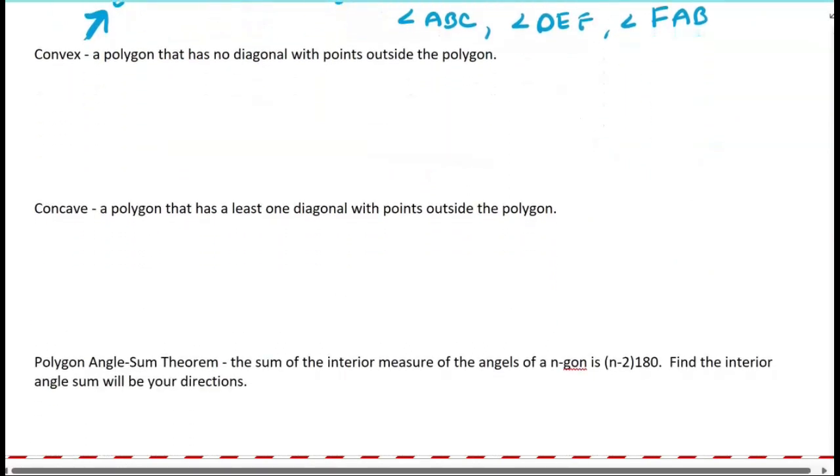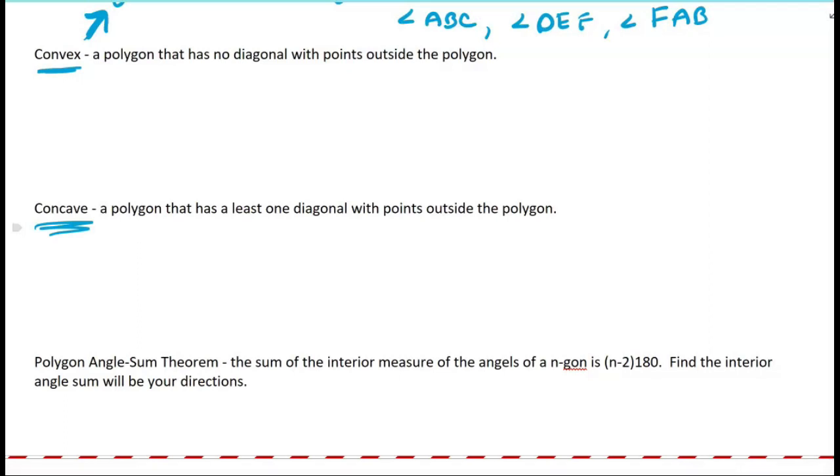All right, once we know what a polygon is, there's 2 other types of polygons, or we can describe them either as convex polygons or concave polygons. So a convex polygon is a polygon that has no diagonal with points outside the polygon. All right, I'm going to draw you just 2 quick pictures.